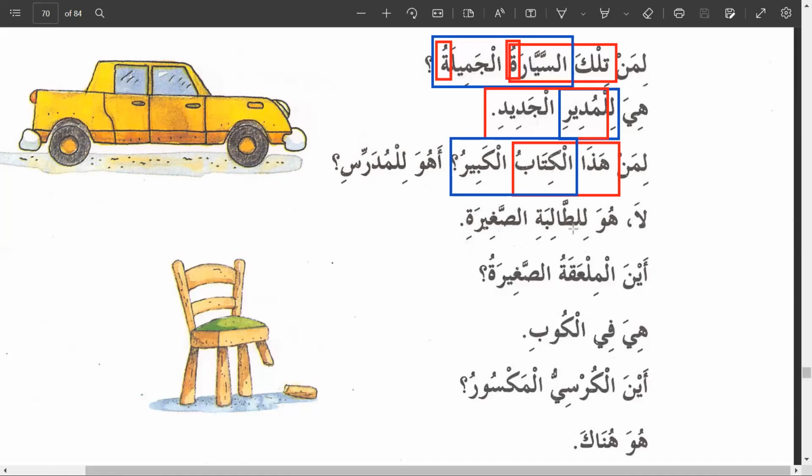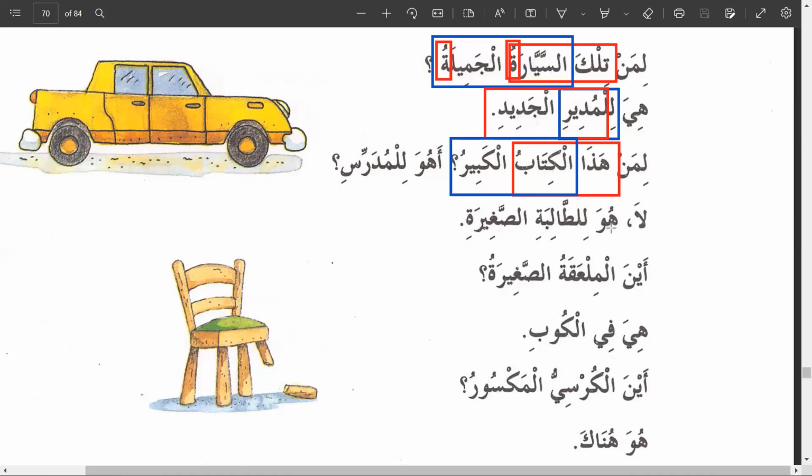Li, for the small student. And what's the gender of that student? Female. So why huwa?